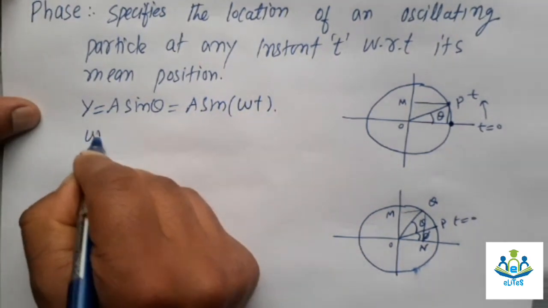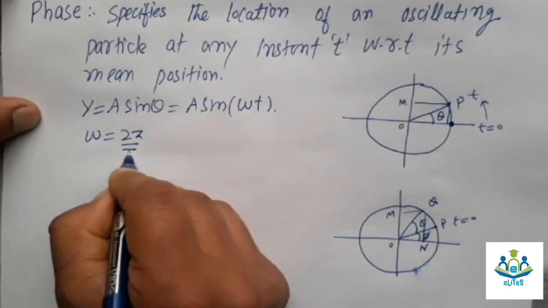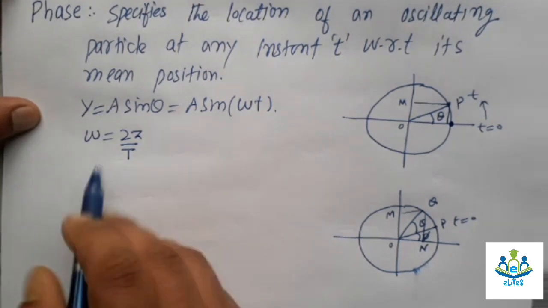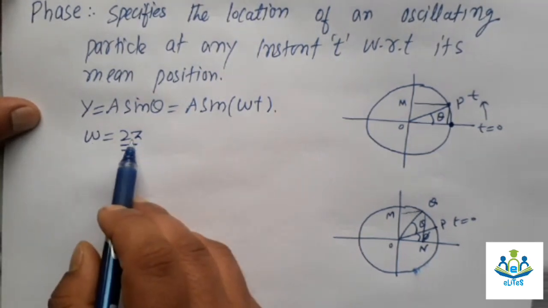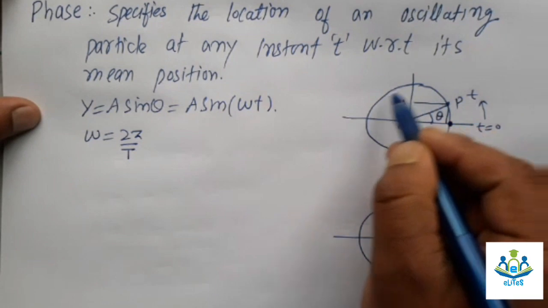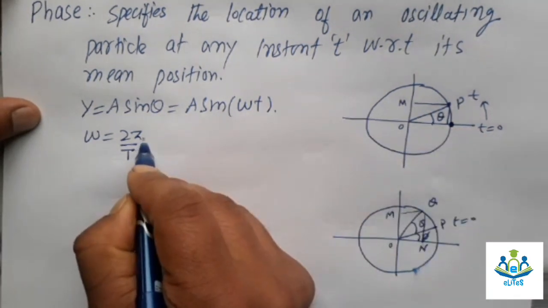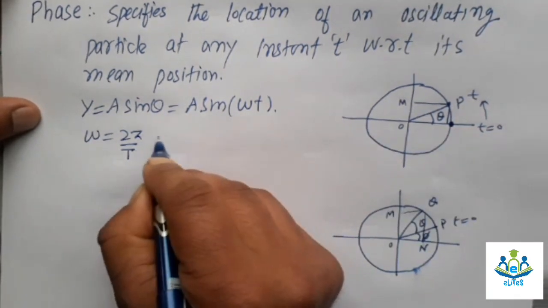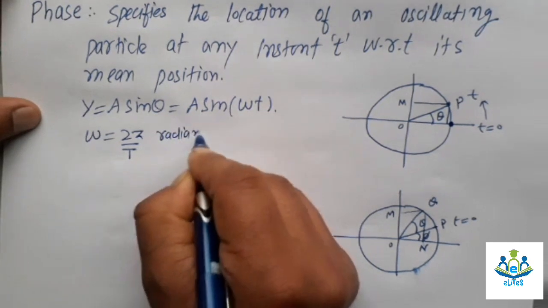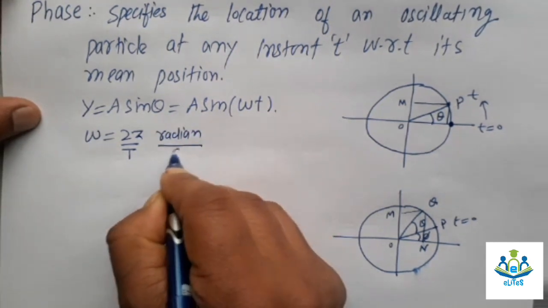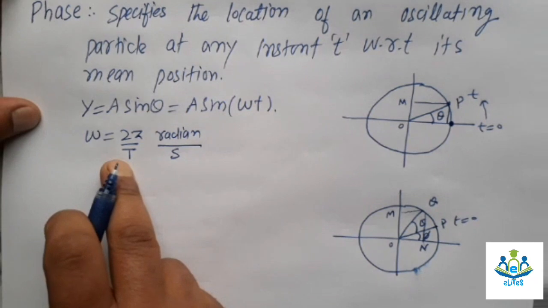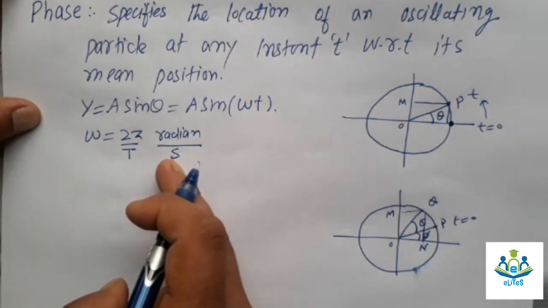As you know, omega is 2 pi over T. When a particle moves in one complete circle, it has 2 pi radians, and it takes time T seconds, that is the time period of the oscillation, the time taken by a particle to complete one oscillation.